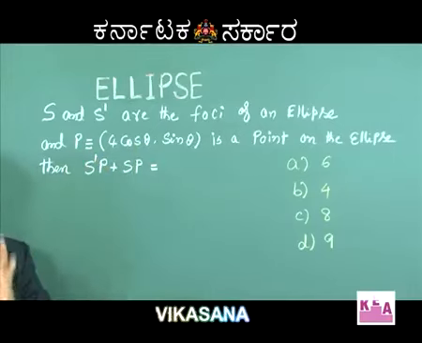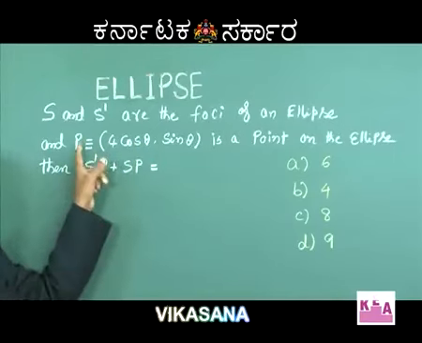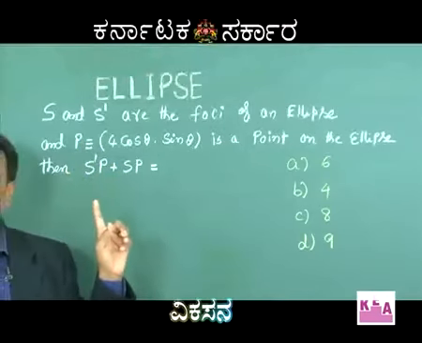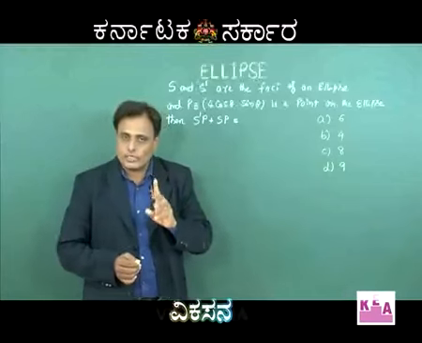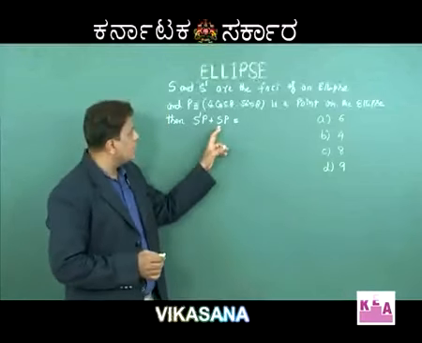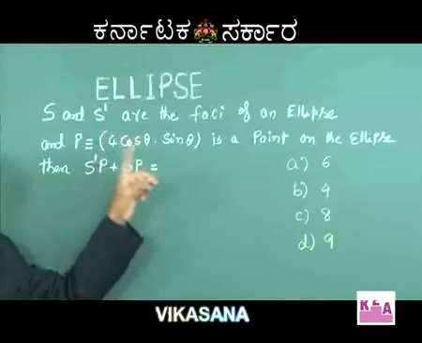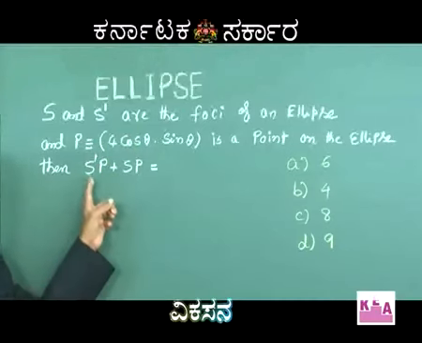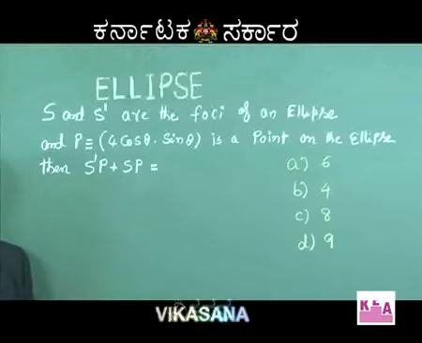And the second important technique here: P is the point on the ellipse as given in the question. Just observe this. P is the point on the ellipse, then the distance of the point P from the focus is called focal distance. That means he is asking the sum of the focal distances.